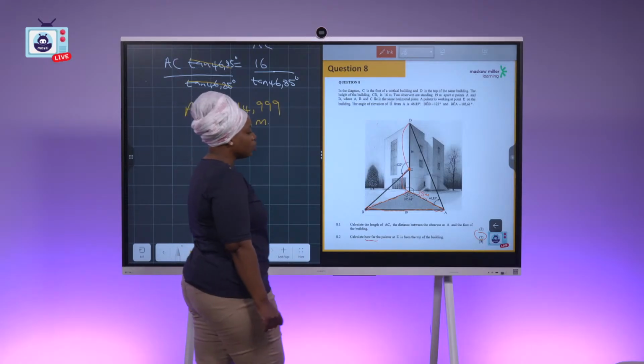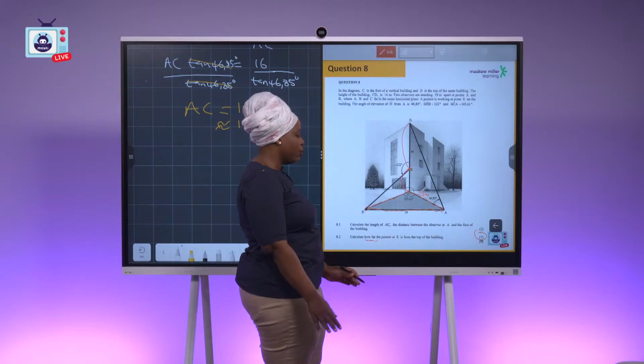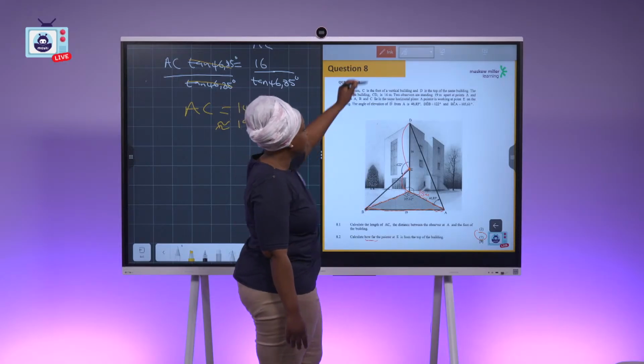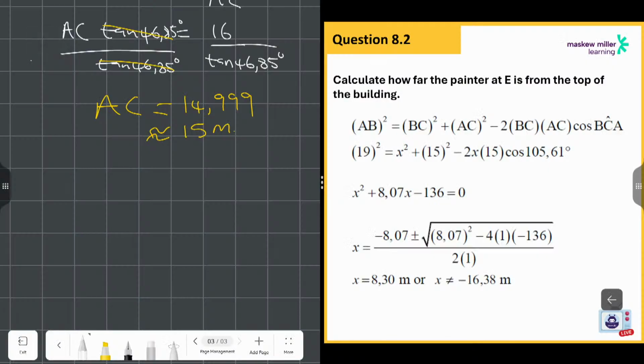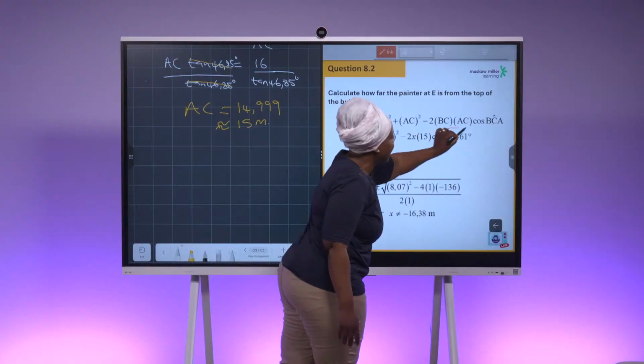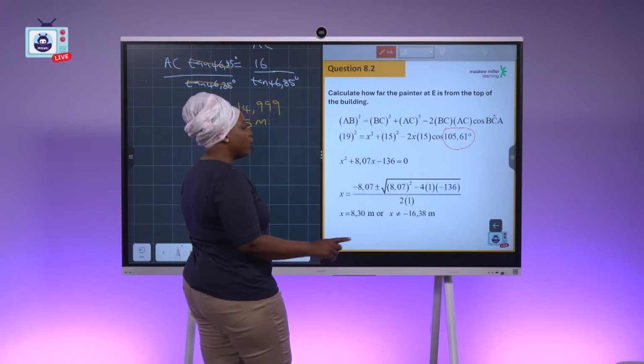So you cannot just go and say, okay, this is 16 minus 4, then that is no. You would need to calculate it properly to get to the answer in a good way. Here you can see we have used our triangle ABC, which is this one, and with the angle that I just highlighted for you, you can now use your angle 105.